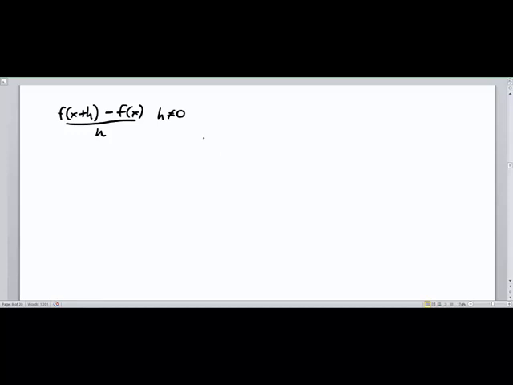So let's start off with our f of x plus h, and we'll give that the color green. So that is going to be negative 2 times x plus h quantity squared plus x plus h minus 1.